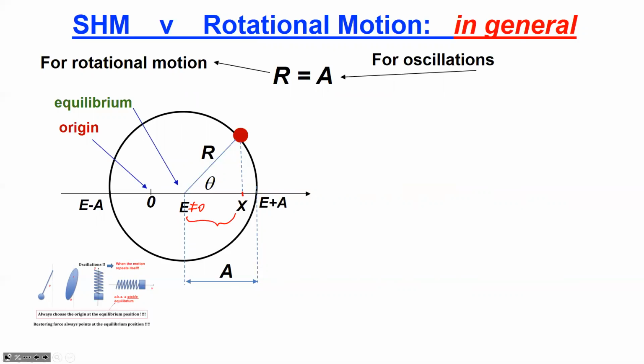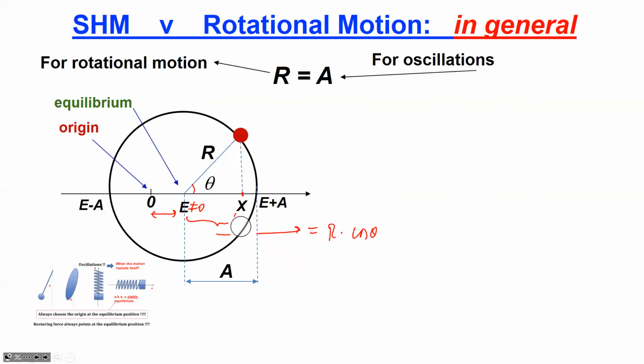this part is equal to r times cosine theta. But this part is equal to, this x is also equal to, well, what do I do?